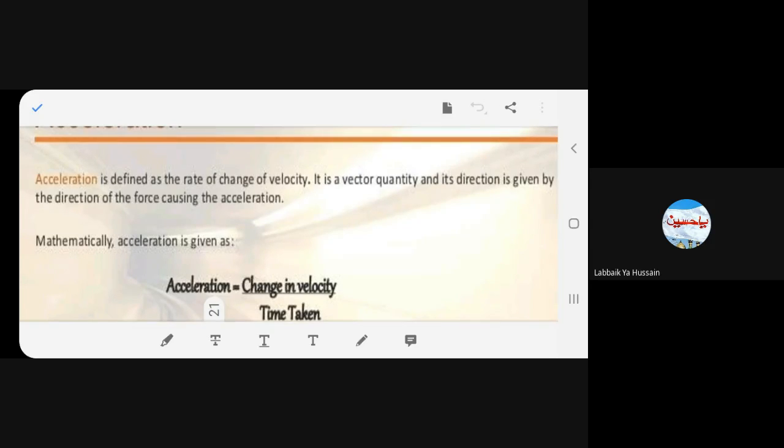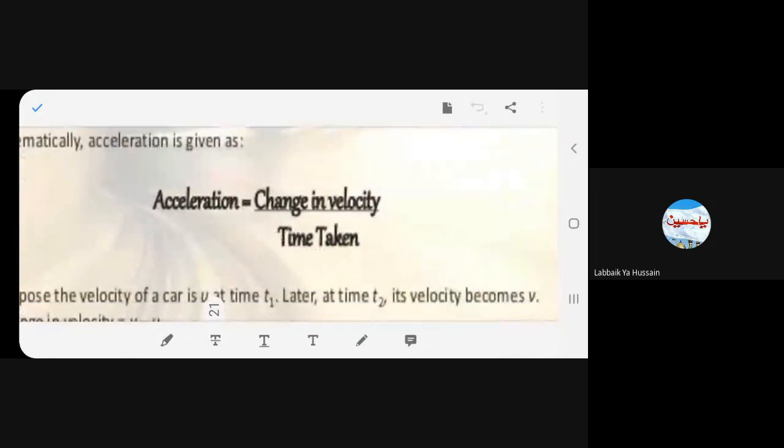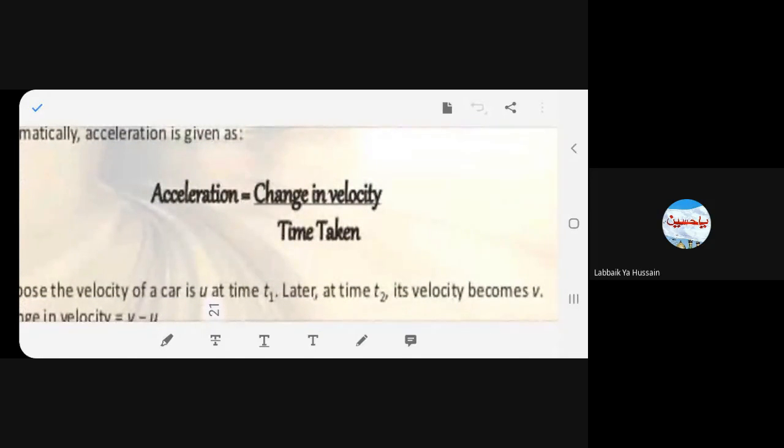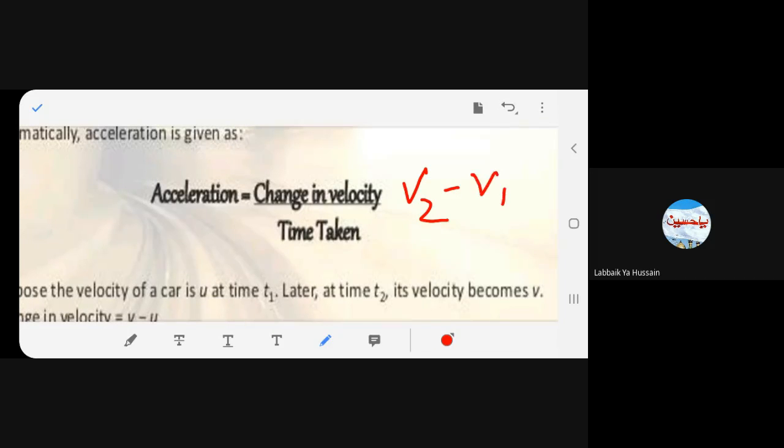And obviously, it is a vector quantity. Why? Because direction is also important in this case. The magnitude as well as the direction is important in acceleration. The equation of acceleration is change in velocity. What is the change in velocity? That means it should be the final velocity minus the initial velocity upon the time.